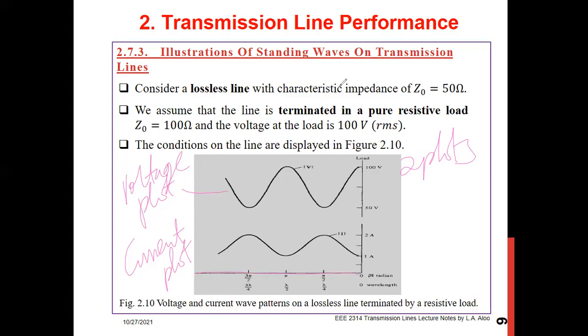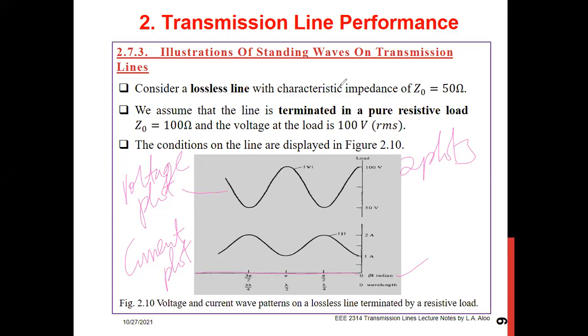And in this case, we have represented the distance along the transmission line by using two parameters. The upper scale is the so-called electrical length, beta times R. Beta is the phase constant. When you multiply beta with R, you get a quantity called electrical length, and electrical length is given in radians.